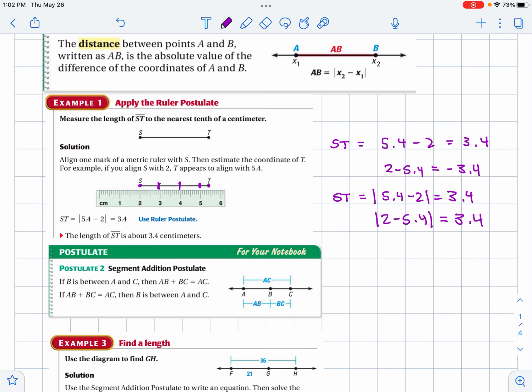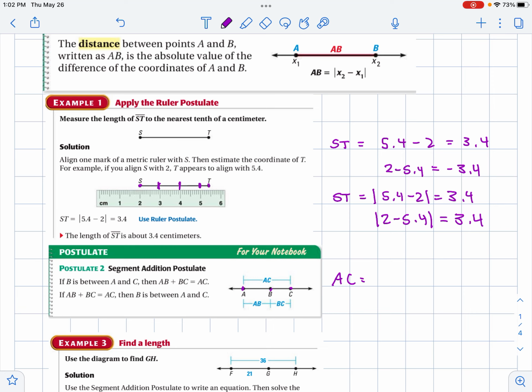Now let's look at the next postulate, the segment addition postulate. Once again, very simple idea. Let's suppose we've got this segment here. It starts at A, ends at C, and B is a point in between. So we've got this segment AC, and we want to talk about the length of AC. Notice I didn't put the little line above it, that way we know that we're talking about just the length here.